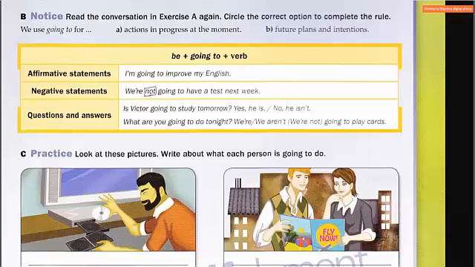What happens if we erase or delete not? The sentence is going to be, we're going to have a test next week, okay? But in our case, this is true, because we're going to have a test next week.